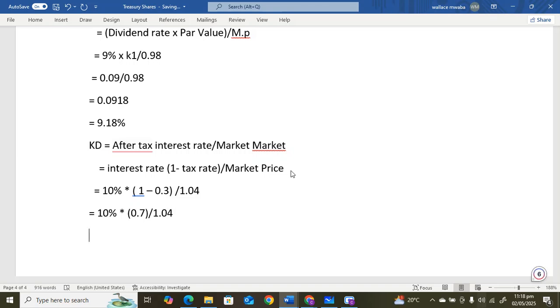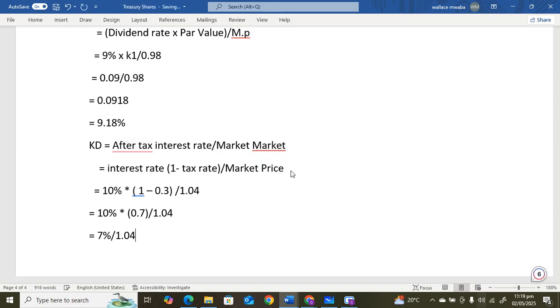Okay, 0.7 times 10, that is 7%. So that's the after tax interest rate. It's like you've saved 3% basically.